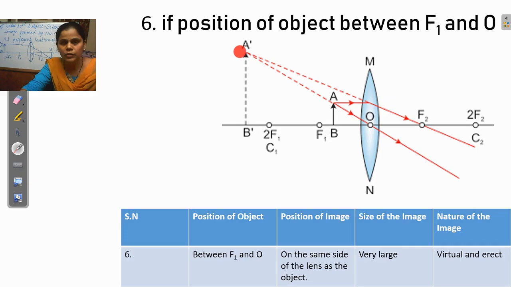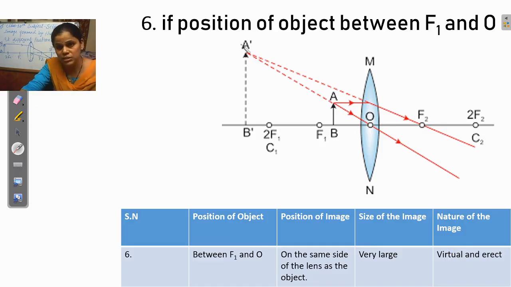Then you get A dash B dash, the image of AB, and you can see A dash B dash is larger. So the size of the image is very large here.